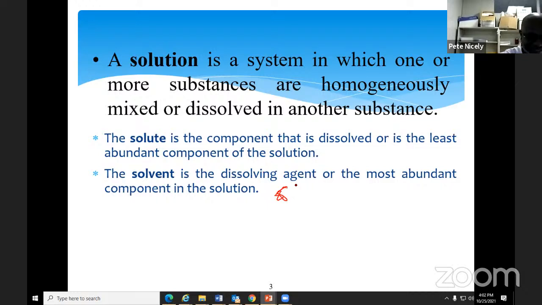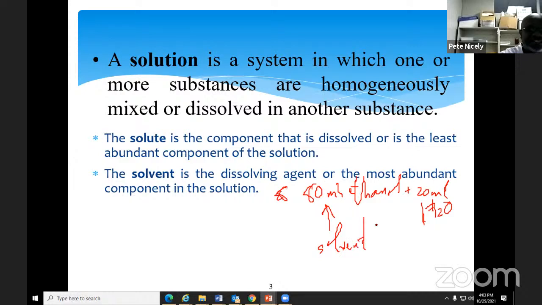Oh, okay. So let's say you have a solution of 80 mils of ethanol and 20 mils of water. Then the solvent is going to be the ethanol, and the solute is going to be the water.